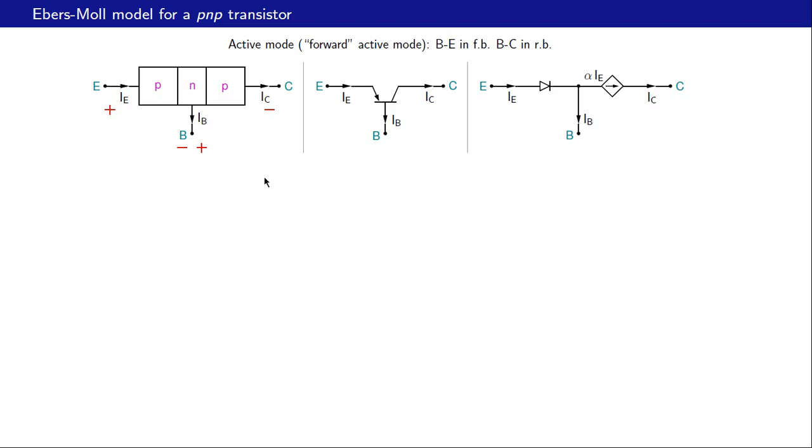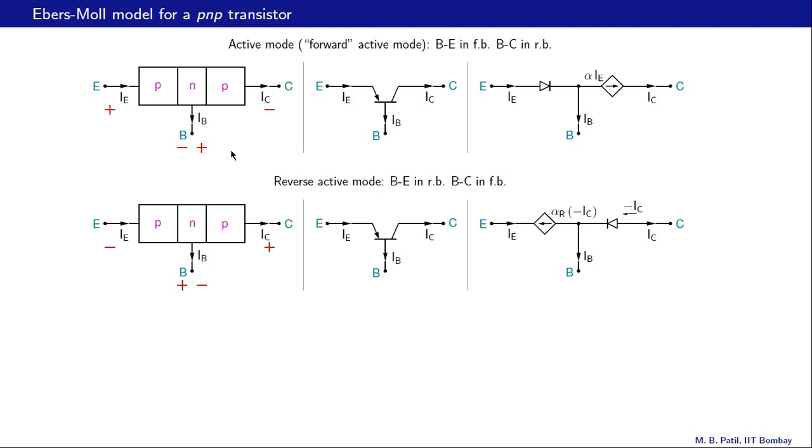Now if we look at this transistor, we realize that there is a diode there, there is also a diode there. So there is also a reverse active mode possible, and that is shown here. What does that mean? That means this base collector junction is under forward bias, and the base emitter junction is under reverse bias. So that's another possibility.